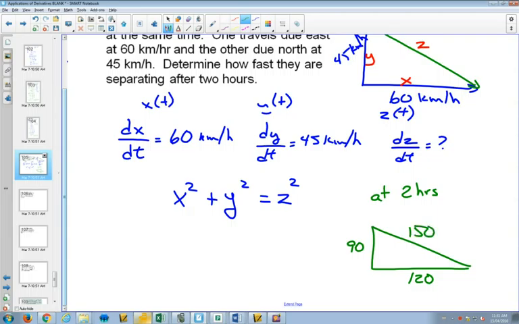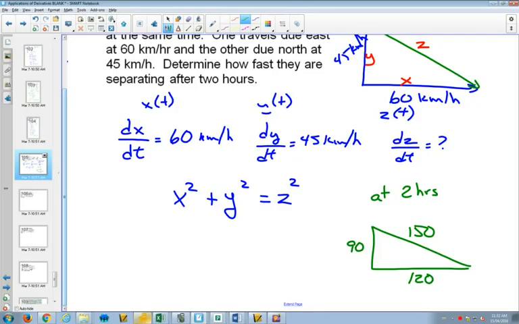Nice. It's a 3, 4, 5 triangle, just multiplied by 30. So 3 times 30 is 90, 4 times 30 is 120, so 5 times 30 would be 150. So this is how far you've gone in 2 hours, and at that moment they're 150 kilometers apart.